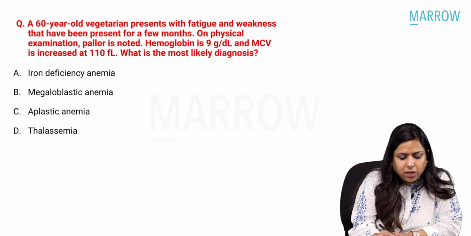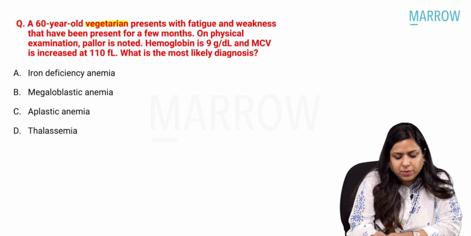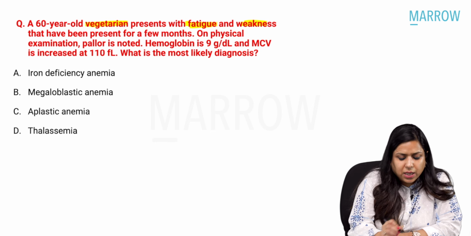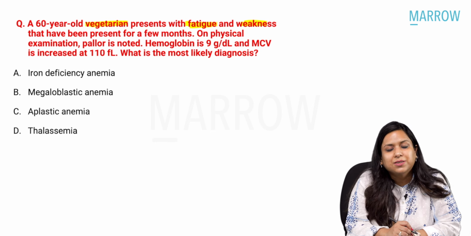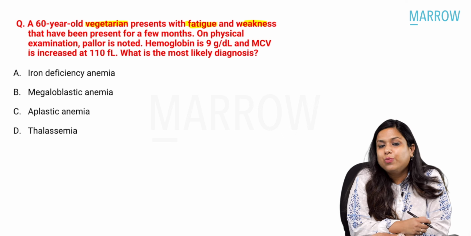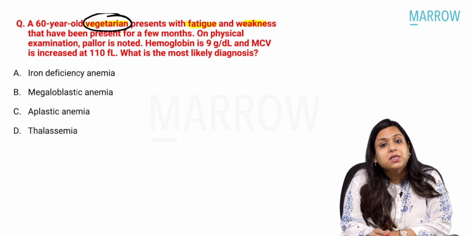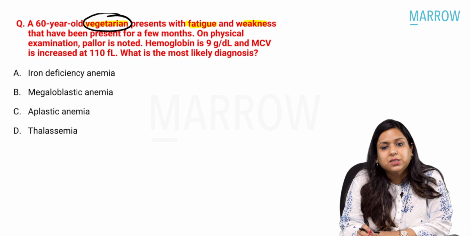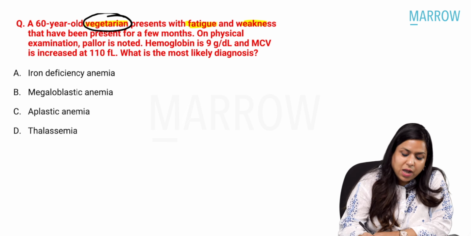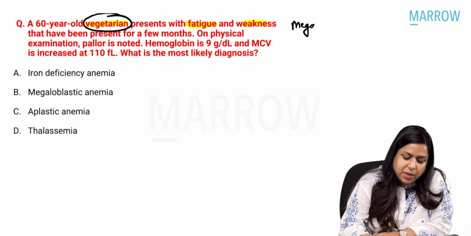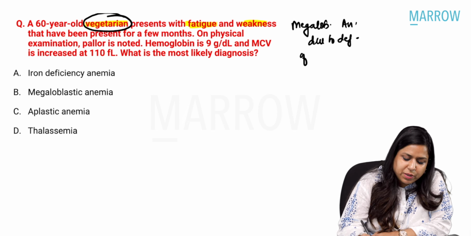A 60-year-old vegetarian presents with fatigue, weakness that has been present for a few months. Remember, students, I told you, whenever you are given a history of a vegetarian, this has become really common these days. What you have to think of, students? I have to think of megaloblastic anemia due to deficiency of vitamin B12.